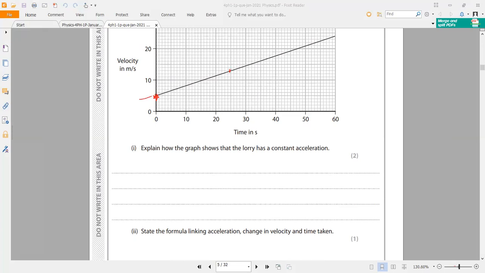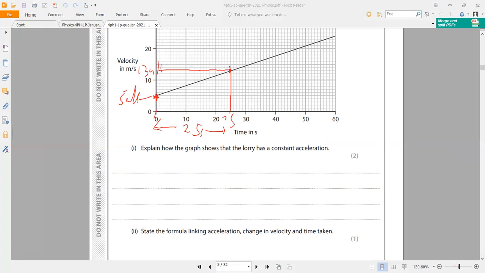This point here is 5 meters per second, and this point here, if we trace it, is 13 meters per second, and if we trace this down, we have 25. So from this point to this point is 25 seconds.